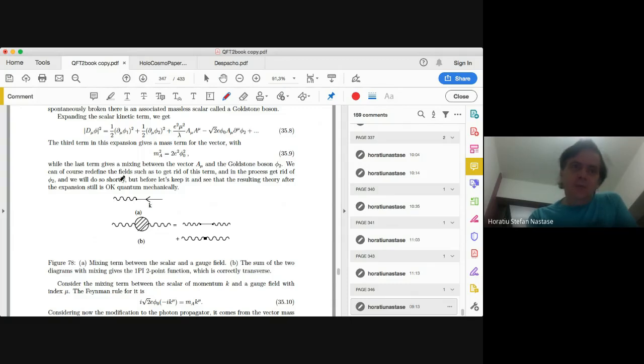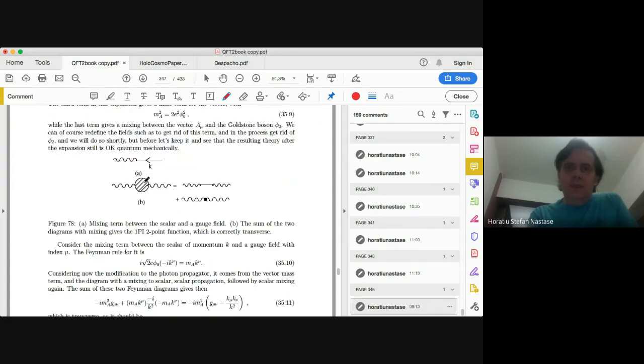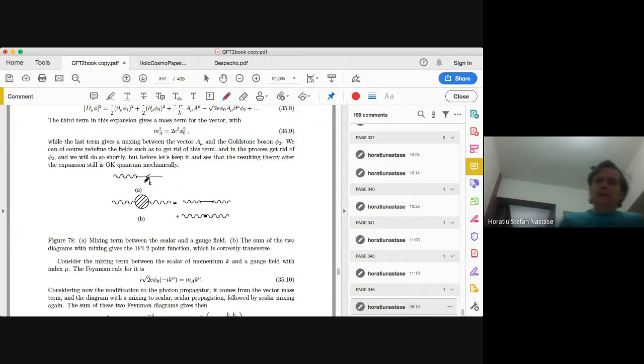So we'll proceed to do that rather shortly. But before doing that, let's keep it and see that the resulting theory is still okay quantum mechanically.